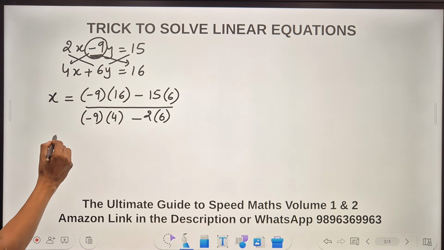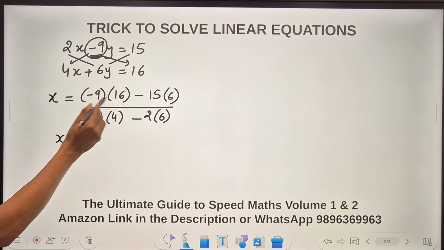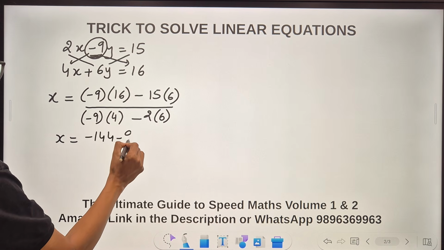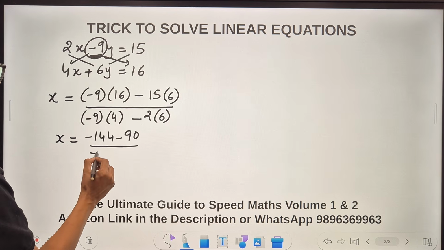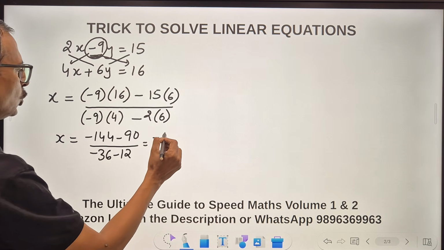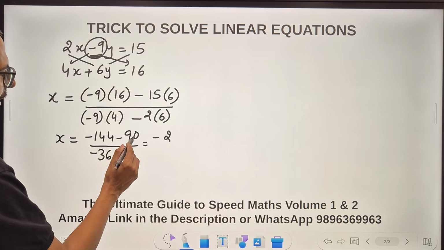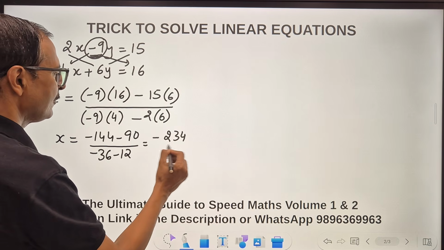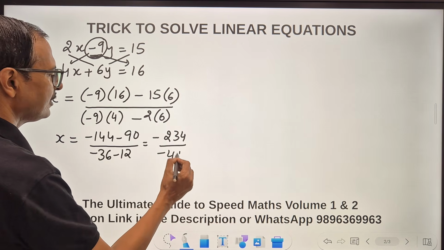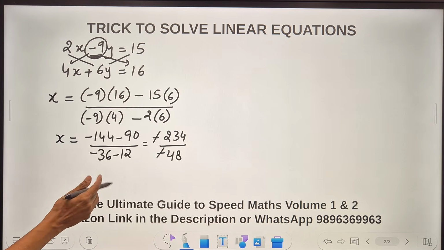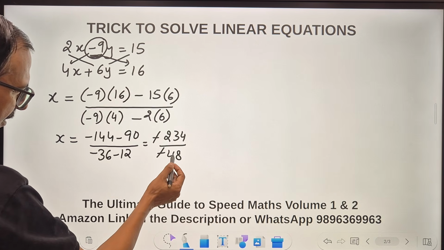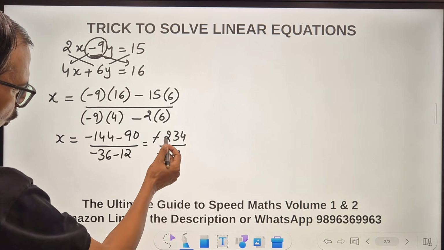Now, this is going to create a wonder. How? Let's see. This is minus 144, and 15 times 6 is 90, and in the denominator, 36 and 12. So we have negative 144 and 90 gives negative 234, and in the denominator negative 48, and the negatives cancel out. So the answer is 234 by 48.